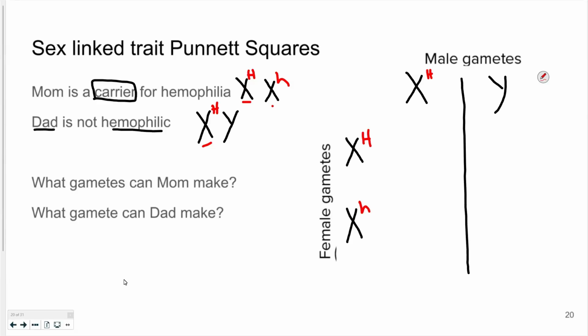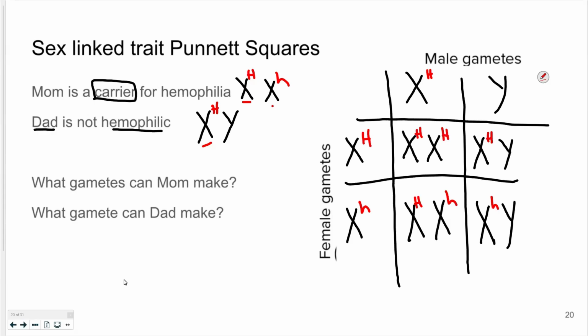So then all we're going to do is fill in this. Now we can compare and get some questions about the phenotype of the potential offspring for this cross.